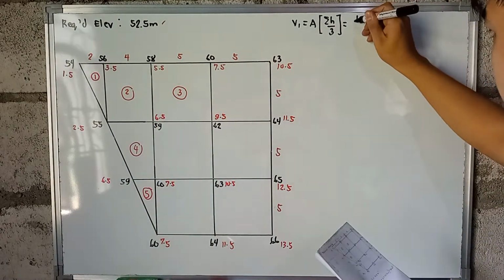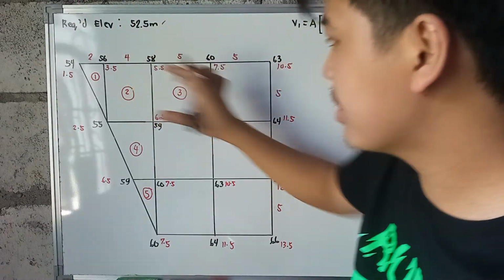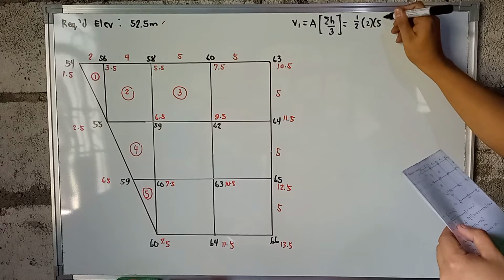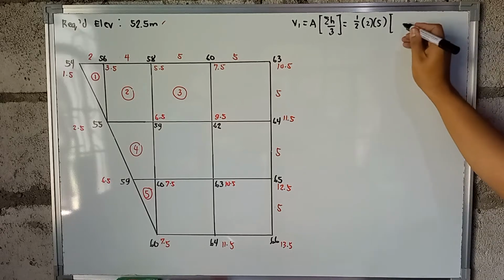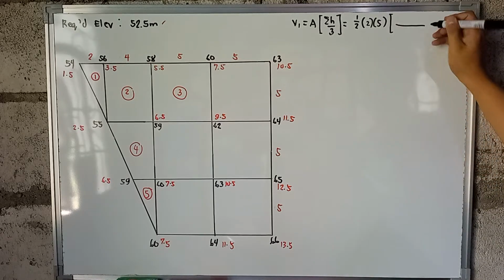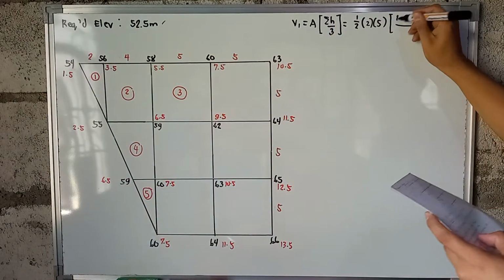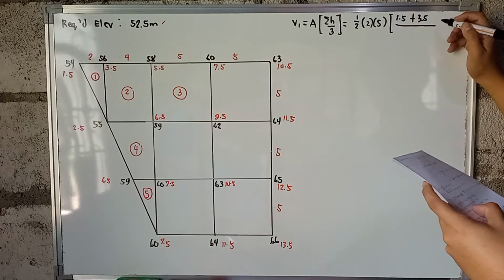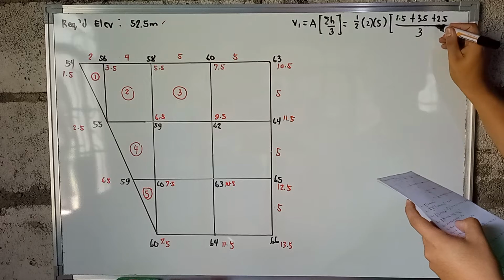1/2 multiplied by 2 times 5. Multiplied by yung mga heights natin. I-average natin sila. Since tatlo yan, so all over 3 tayo. 1.5 plus 3.5 plus 2.5 all over 3.